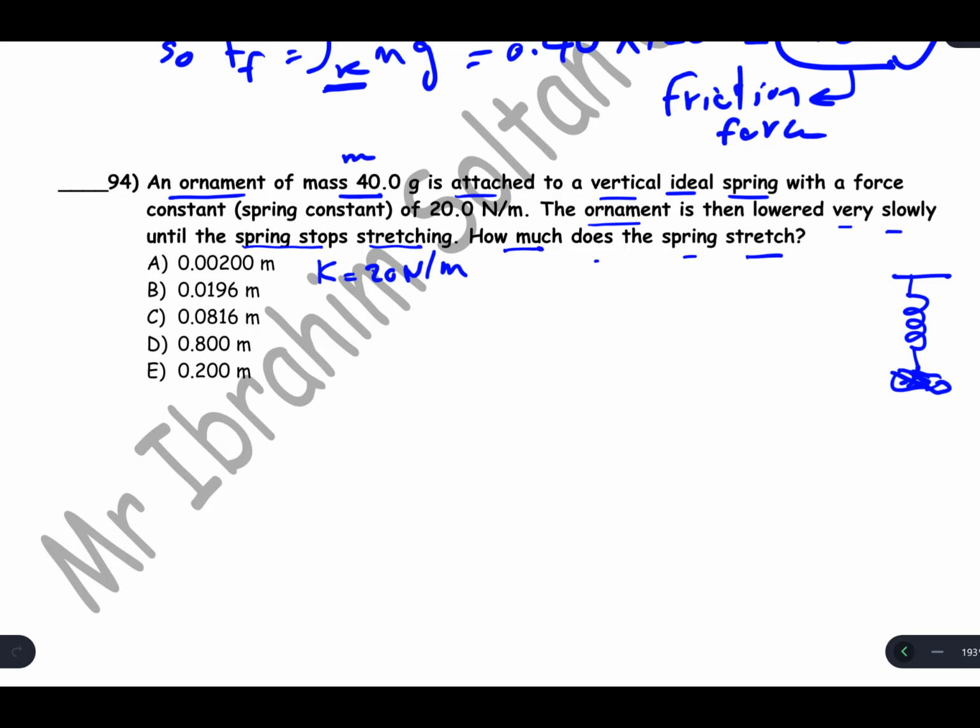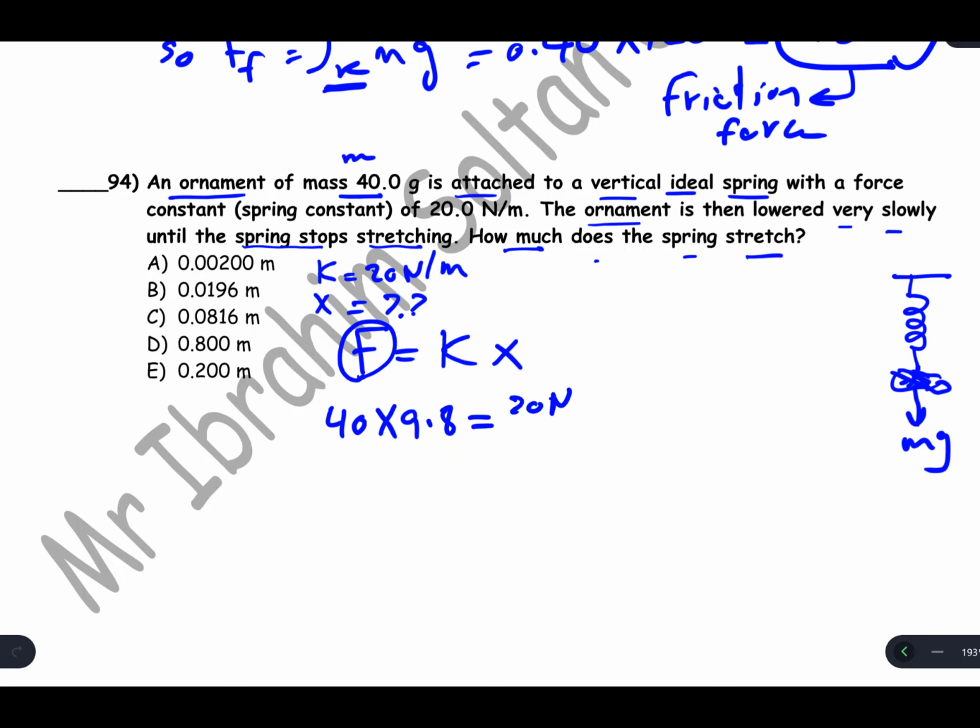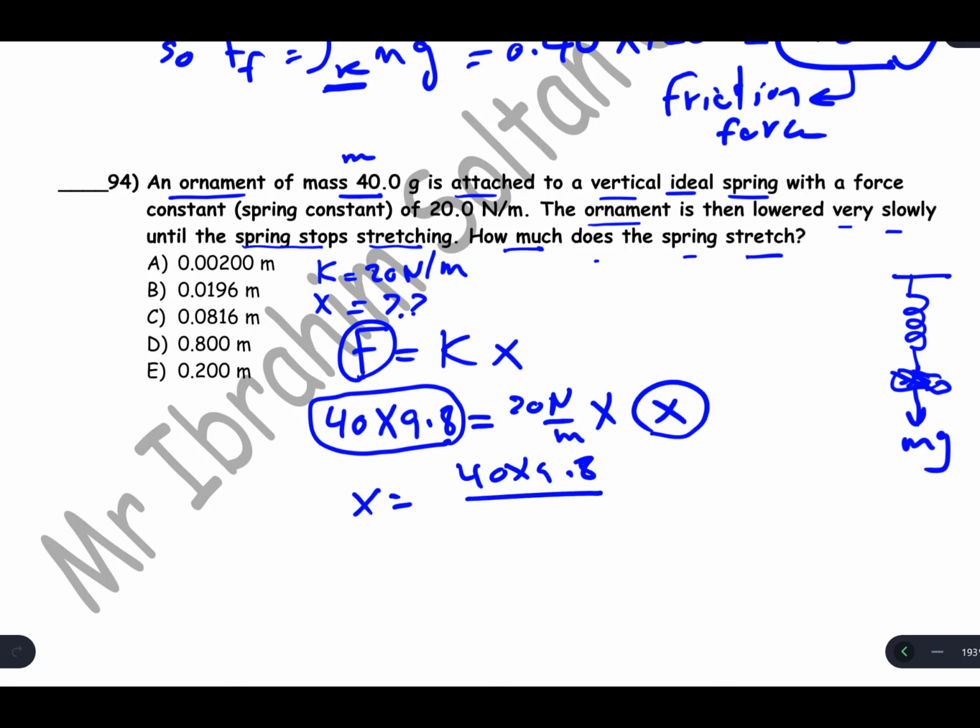How much does the spring stretch? You need X. You know well that F from Hooke's law is Kx. F here, the applied force, is exactly equal to mg. So 40 times 9.8 equals K, 20 Newtons per meter, times X. And this is in Newtons, right? So X equals 40 times 9.8 over 20.